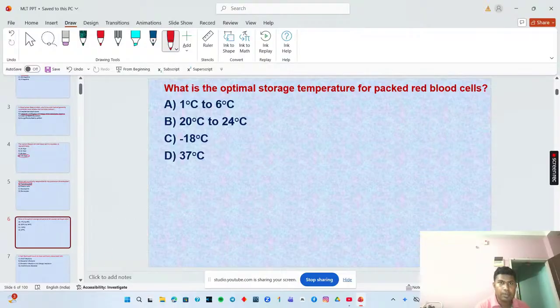It will be 1 degree centigrade to 6 degree centigrade. The answer of this question will be 1 degree centigrade to 6 degree centigrade.